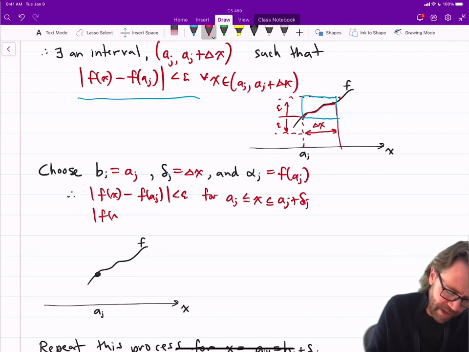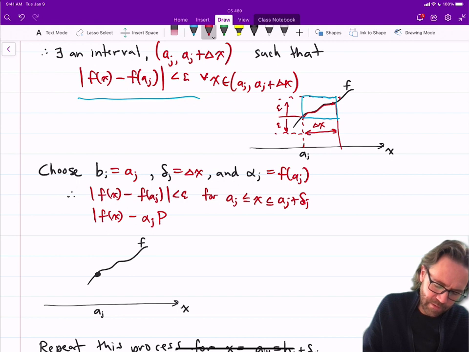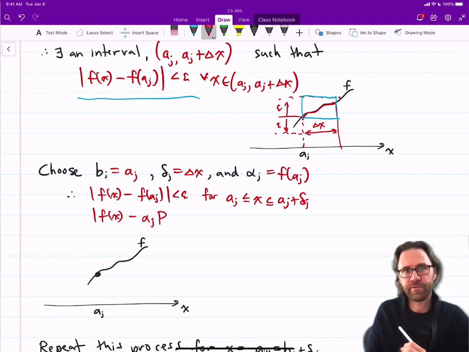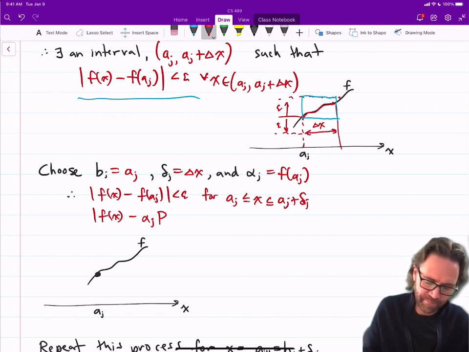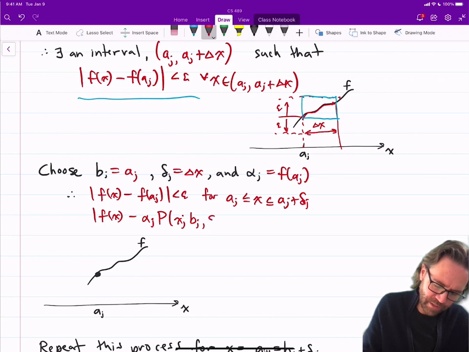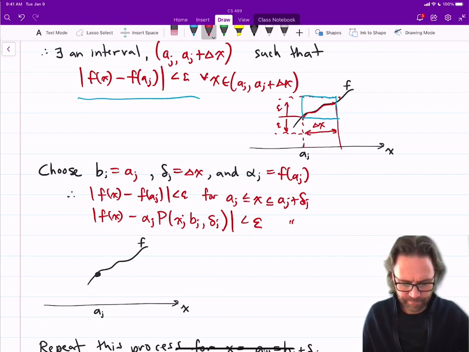is the same as writing |f of x minus alpha_j times my piece| is less than epsilon in that same interval. This second line I'm writing is not the same as the first line. Now I'm putting in the piece of my approximation of f, the piece evaluated at x, which starts at b_j with width delta_j.